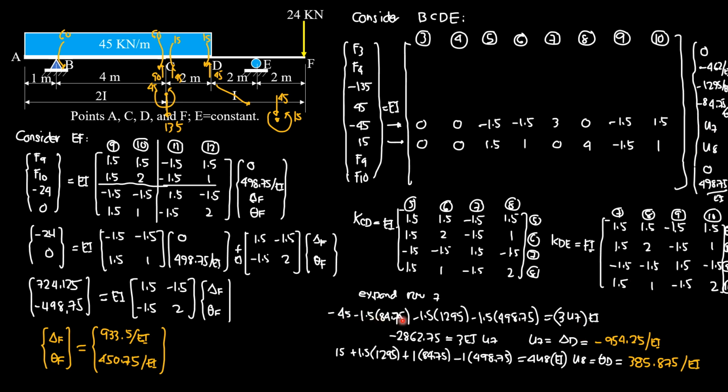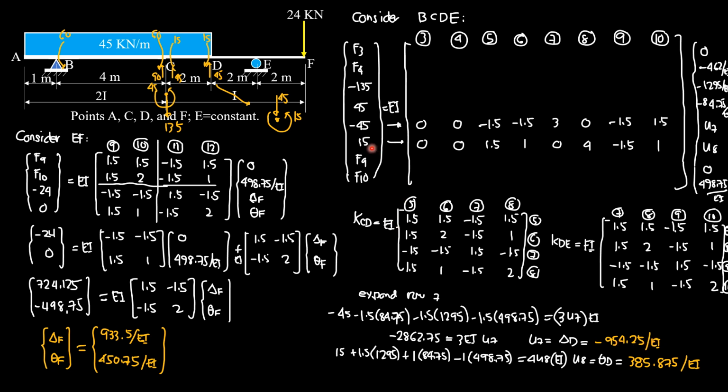So since we can evaluate this, divided by 3, so the value in the left side is negative 2862.75 equals 3 EI U7. So U7 is negative 2862.75 over 3 EI. And that is U7 delta D is negative 954.25 over EI.